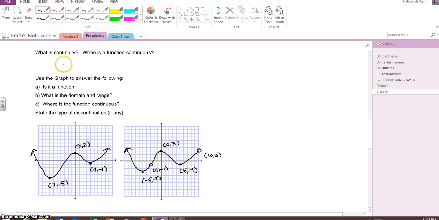So you might have the question, what is continuity? What is a function continuous?